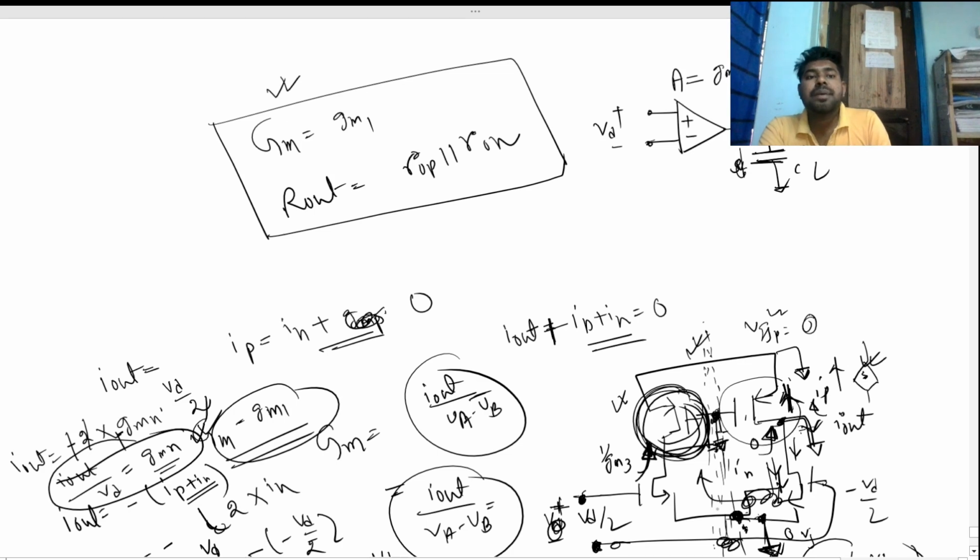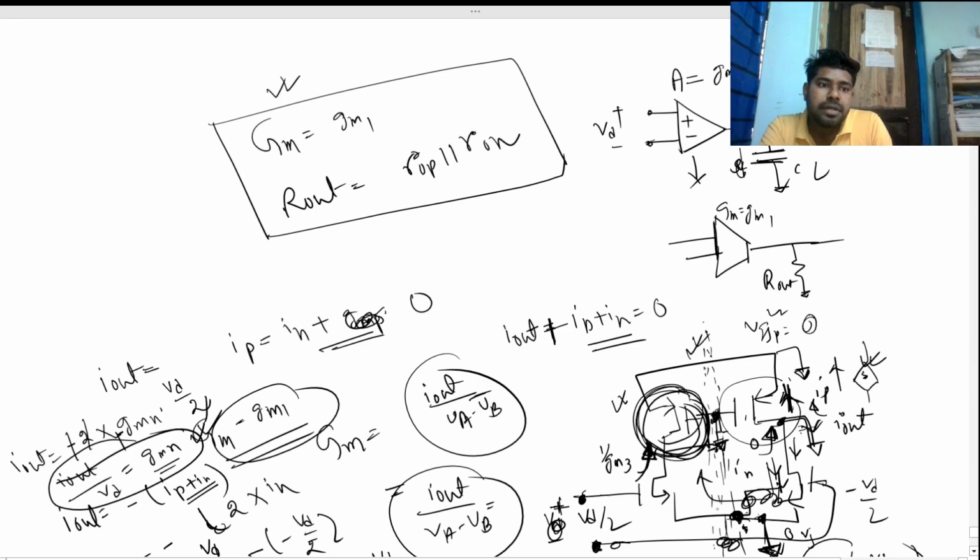And we have done that. If we redraw this, it will be a GM of small gm N, and an R out of ROP parallel RON, and there is a capacitor CL. So this is our V out.